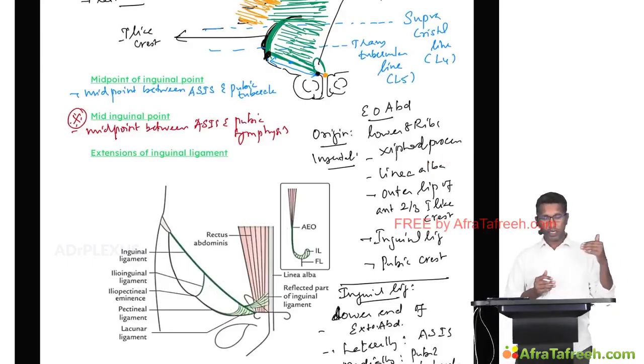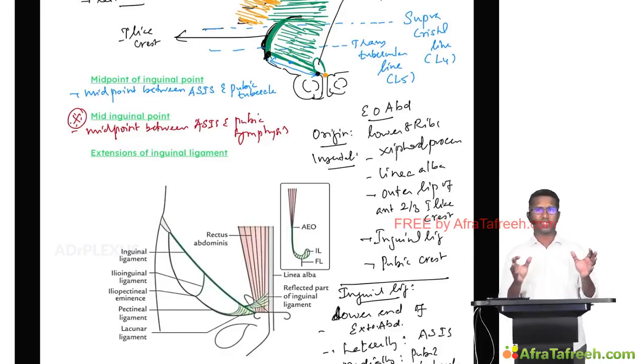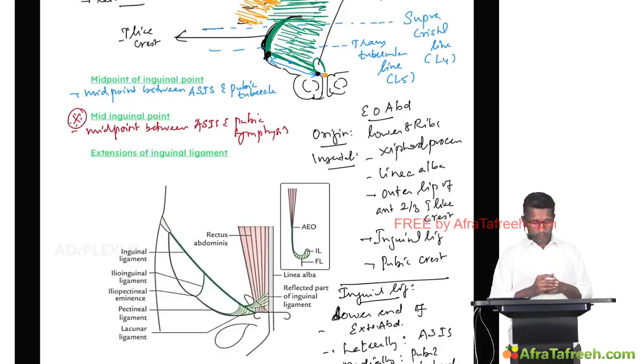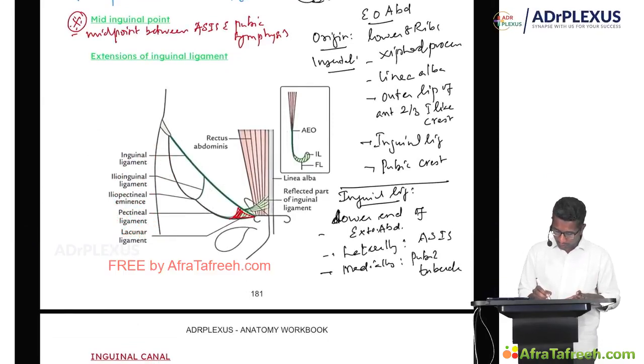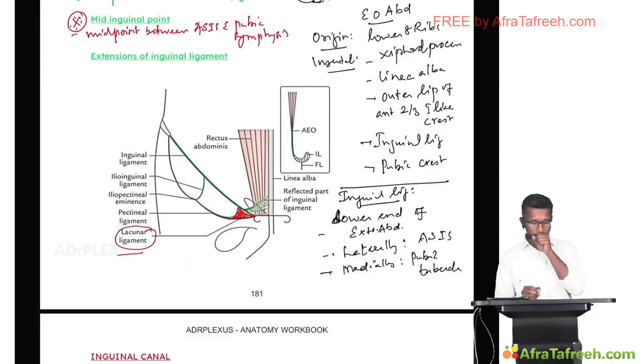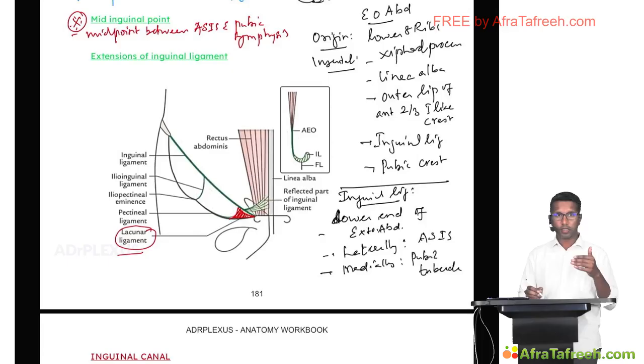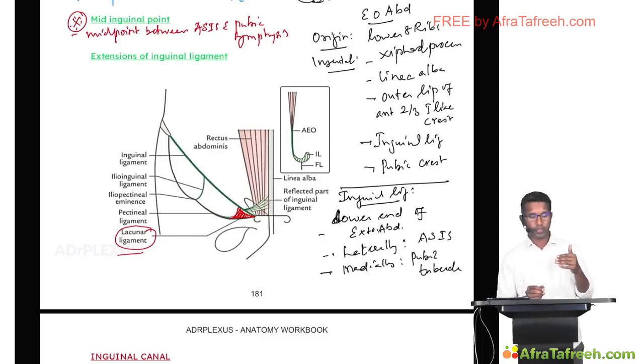Now this inguinal ligament, after getting attached to the pubic tubercle, forms a lot of extensions. The first extension, which you see here, runs posteriorly and is called the lacunar ligament.